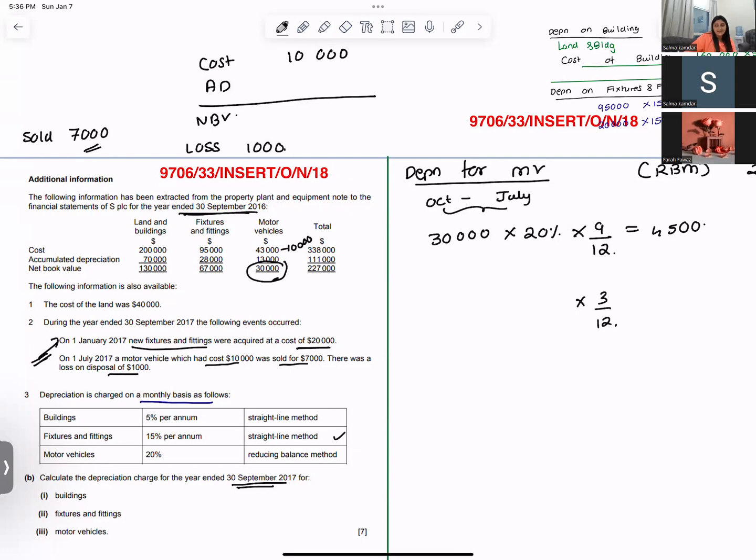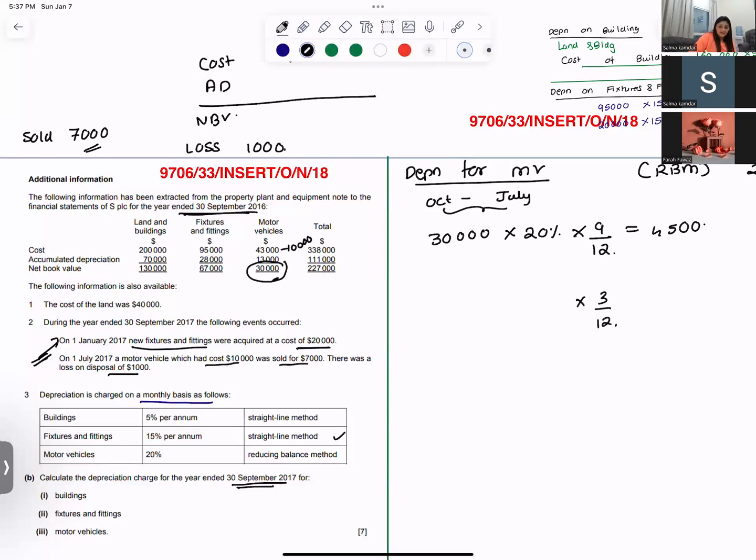So can you tell me the net book value of the asset that is sold? 6,000. If the net book value is 6,000, when you're selling at 7,000, you're still making a loss of 1,000. Okay, wait. So it's 8,000.